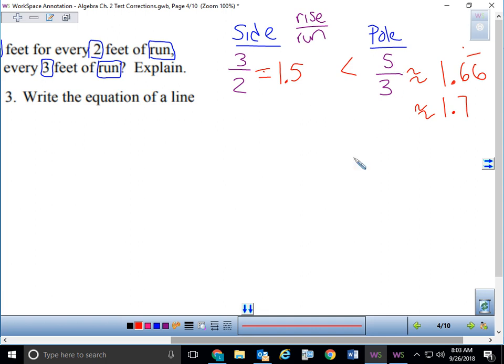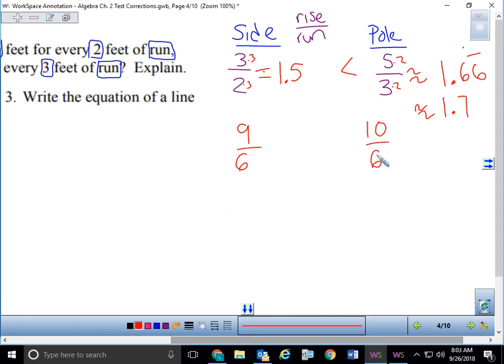But another way you can compare your fractions is to get a common denominator and then compare your numerators. A common denominator between 3/2 and 5/3 would be 6. To get to 6, I multiply 2 by 3, 3 by 3. To get 3 to 6, multiply 3 by 2, 5 by 2. This gives me 9 over 6 and 10 over 6, which works out the same way.